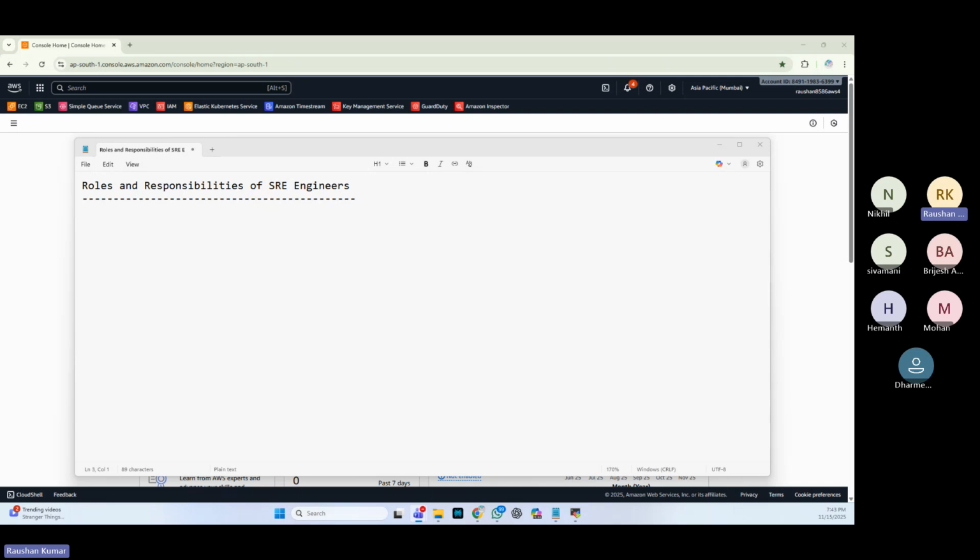SRE role gives you more challenges. Being a performance test engineer, you work in a lower environment, and however much we try, we cannot replicate the entire prod scenario. So we do encounter production issues which we have not seen or observed in the lower environment, and we need to tackle that. That's the skill, and it's a pressure situation because things are not working in prod and we need to resolve it.